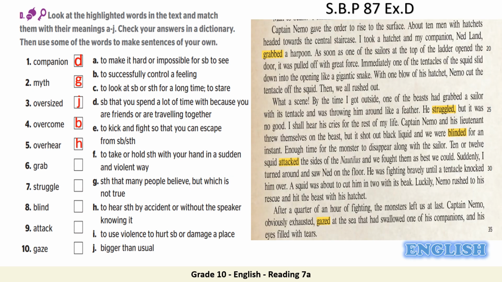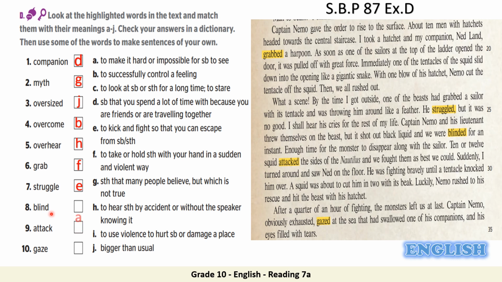Let's go to number 6. The word grab. Can you think of the answer? That's correct. Grab means to take or hold something with your hand in a sudden and violent way. Struggle. To kick and fight so that you can escape from somebody or something. The word blind. Can you say the answer?